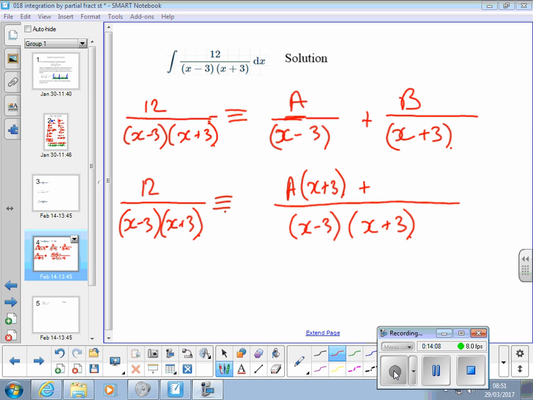We need to multiply by x plus 3. Next step, equate the numerators.